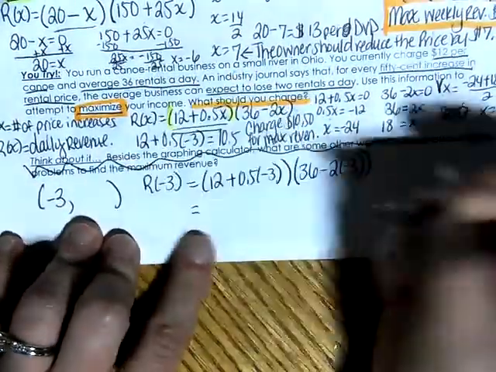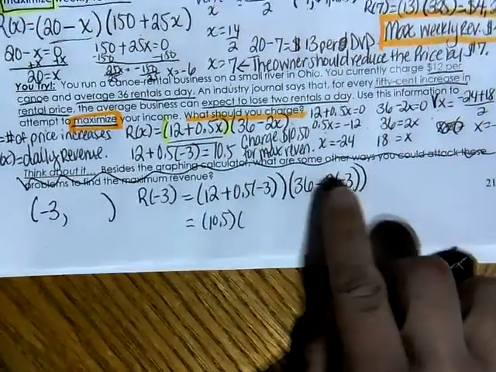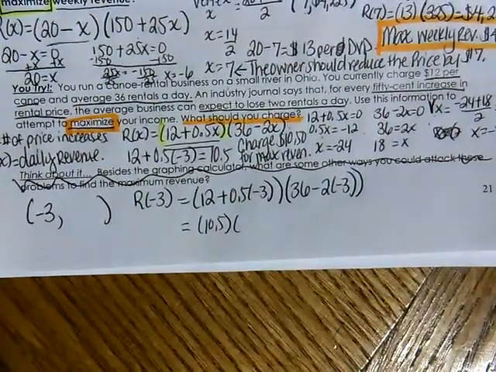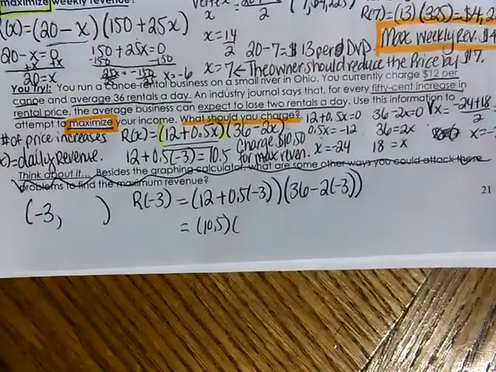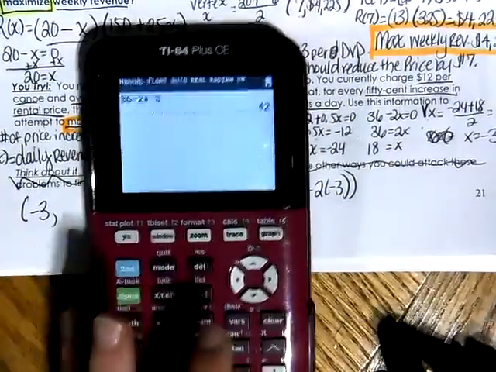I already know that the first parenthesis is 10.5, and I put in 36 minus 2 times negative 3. When I put that value into my calculator, I end up with 42.